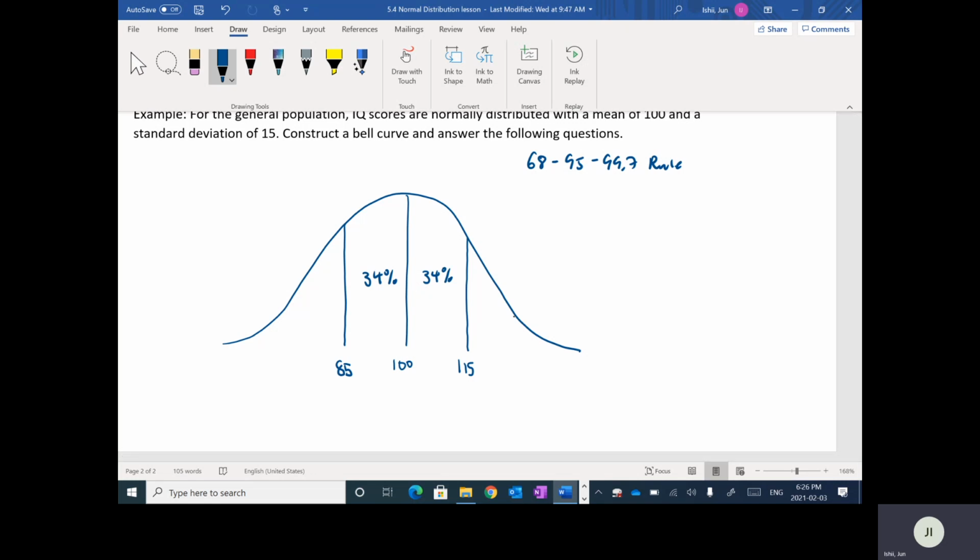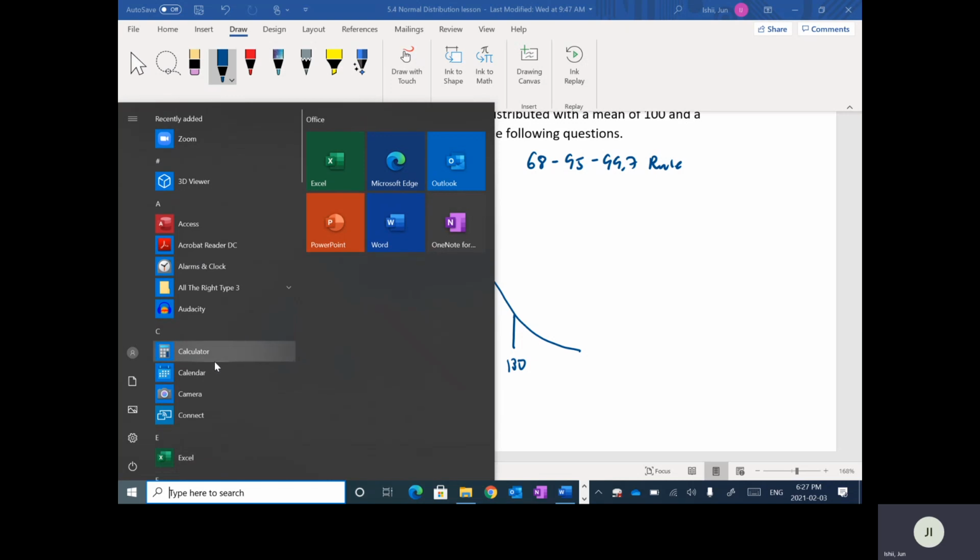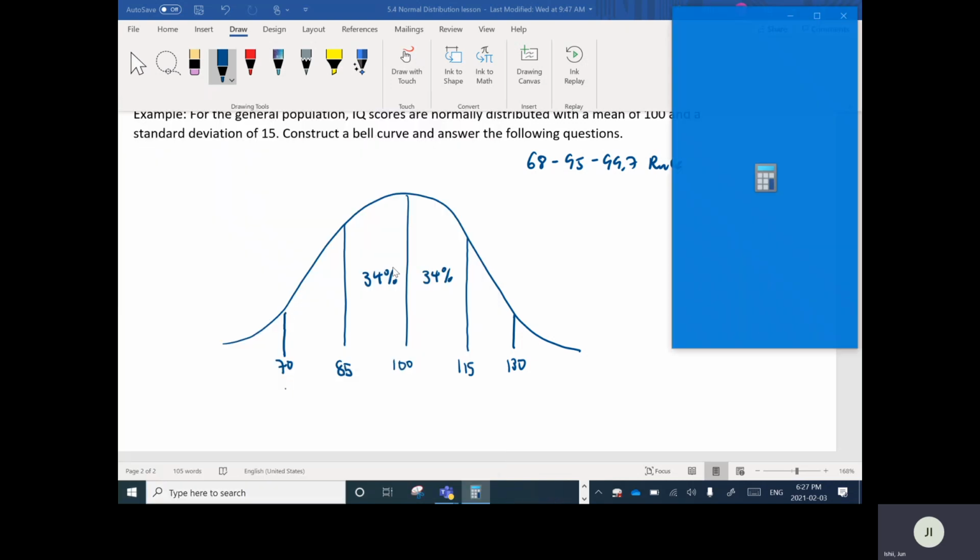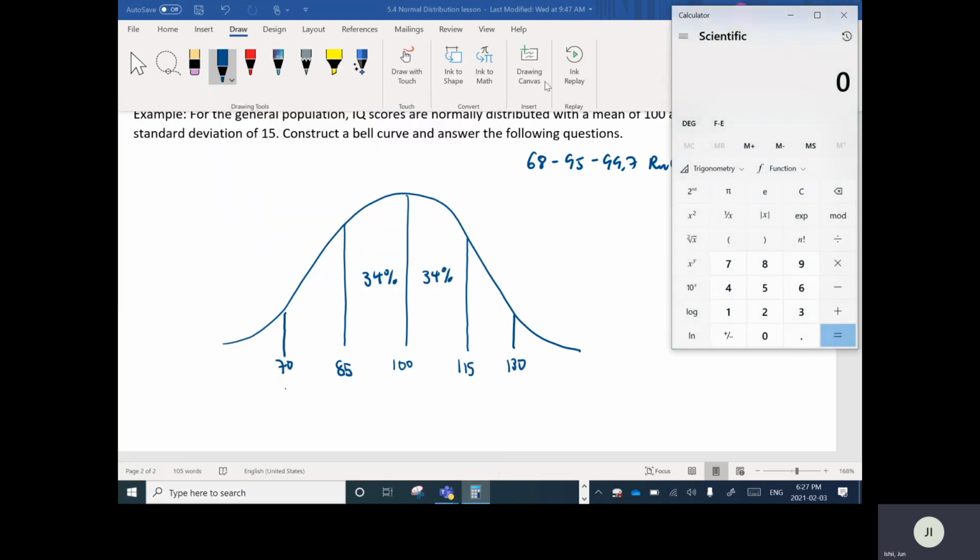Now, if I go another standard deviation, I'm just going to mark it off here and here. If I add on another standard deviation, that would be an IQ score of 130, and over on this side, it'd be an IQ score of 70. To fill in these blanks, I could scroll up and look at the graph that I made, but I think it's important for me to show you how to construct this by hand.